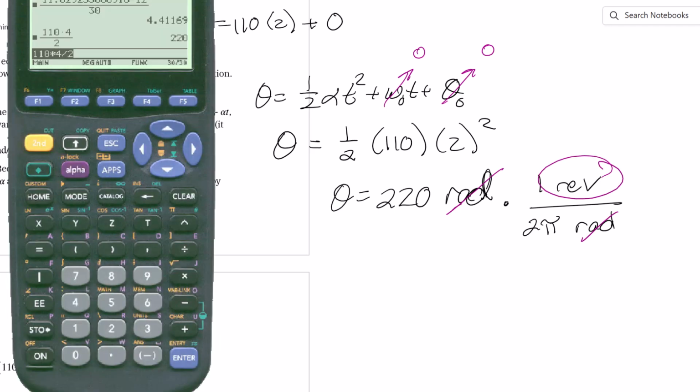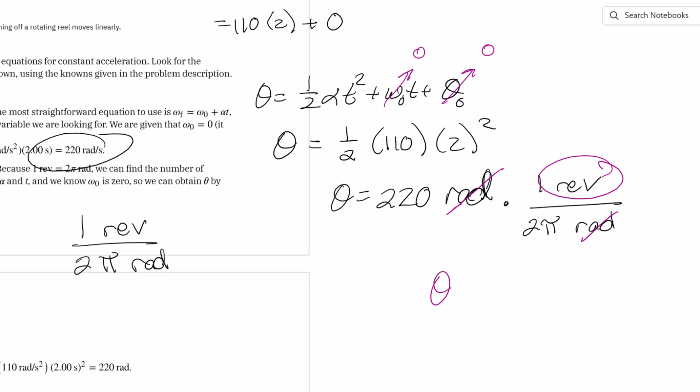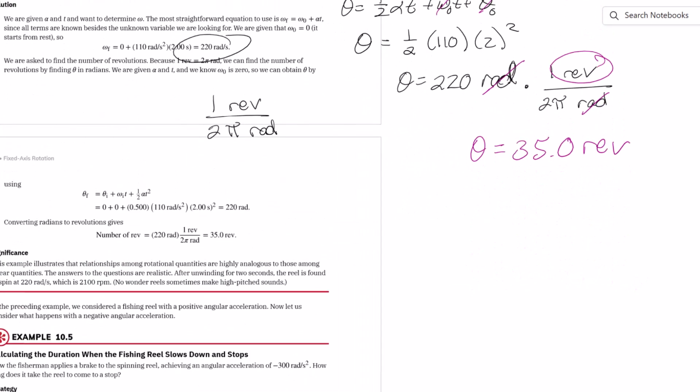So 220 over 2 pi, and what I do is I forget to put the 2 pi in parentheses, and then I get the answer wrong. Okay. All right, so 35.0. So theta is 35.0 revolutions. So it runs 35 times around. Kind of makes sense?